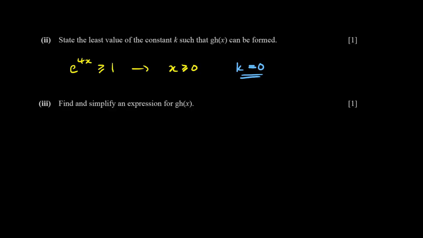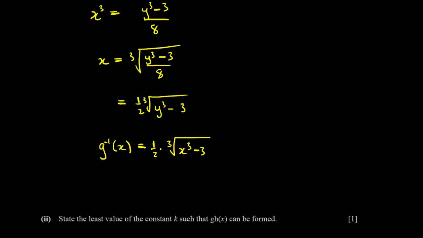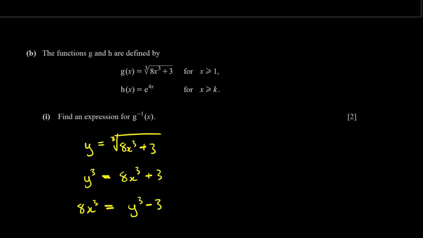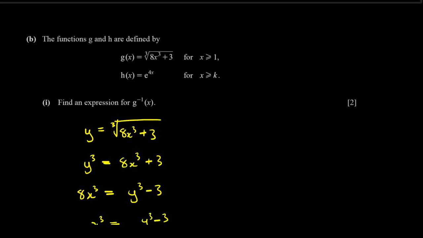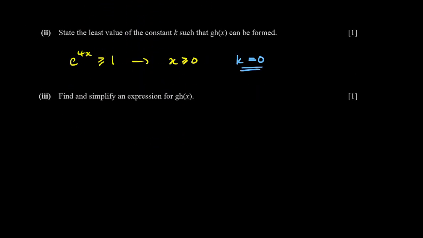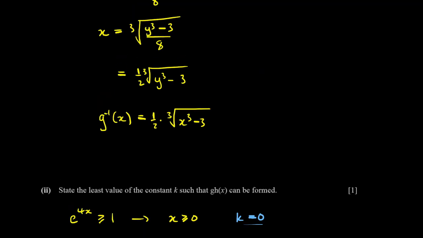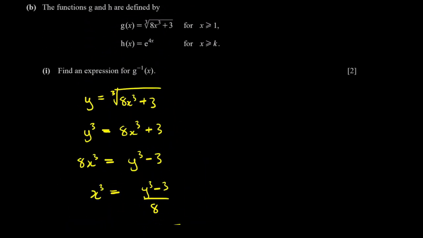Okay, part 3 of this, we want to find and simplify an expression for g of h of x. So now we're actually going to form the composite function. So g is the cube root of 8x cubed plus 3, and we're going to substitute e to the 4x into there. So g of h of x is going to be the cube root of 8 times (e to the 4x) cubed, plus 3.